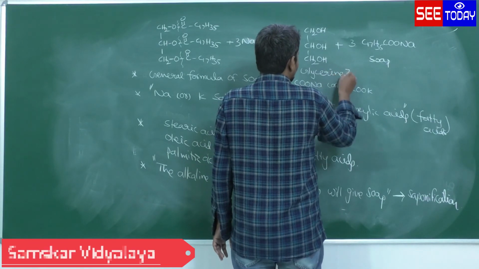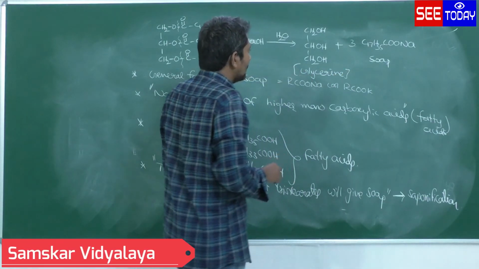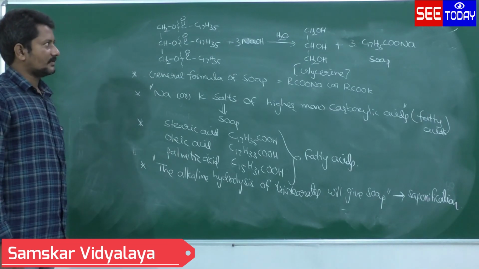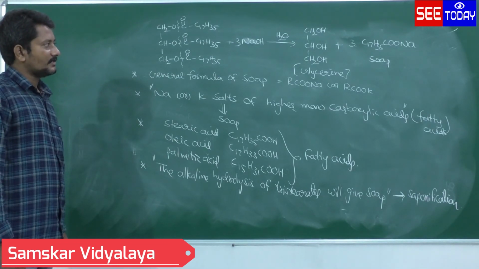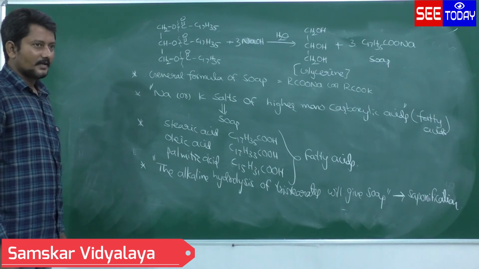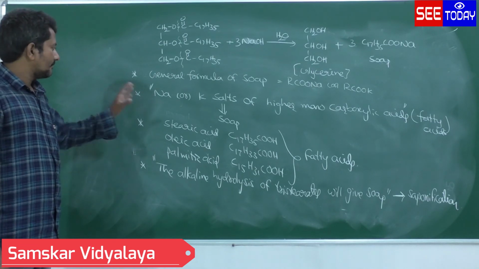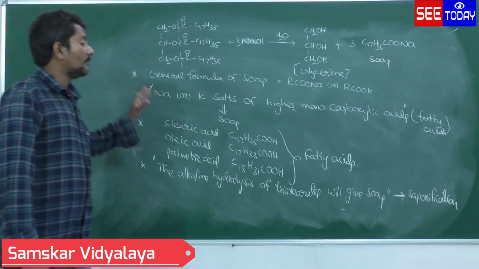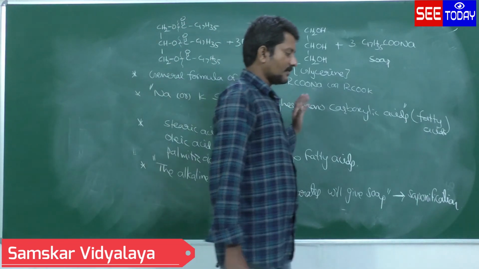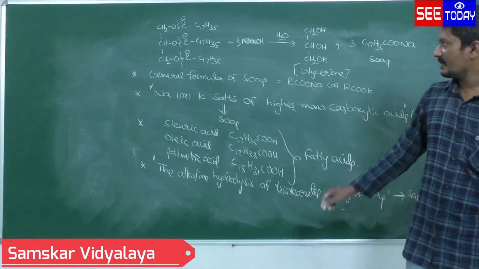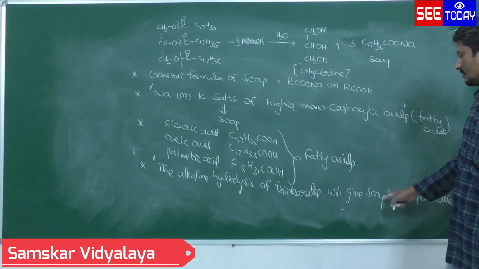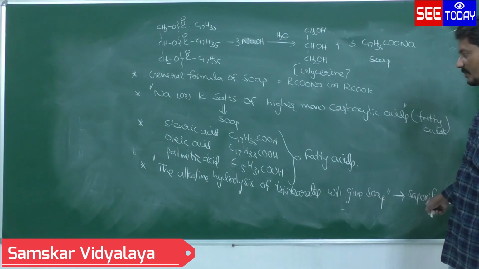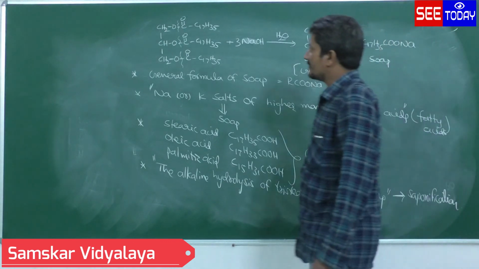What is the structure of glycerin? CH2OH, CHOH, CH2OH. This is the primary information regarding soap, called saponification. The alkaline hydrolysis of tristearates gives soap. This is tristearate.